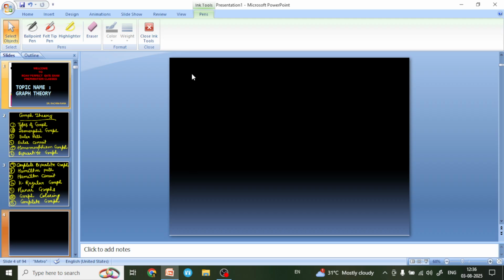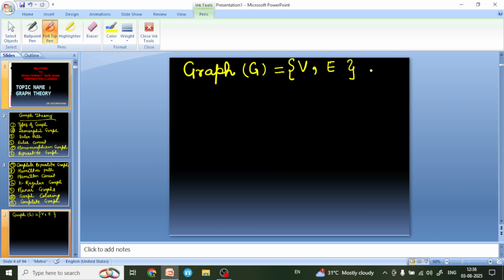Now, first of all, I am going to discuss what is graph theory. Graph is represented by G, and graph is equal to V comma E. V means vertices and E means edges.